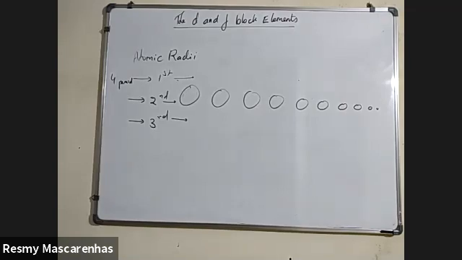So again I'm dictating: the ionic radii of lanthanide series or 5D series, or from lanthanum to lutetium, decreases.